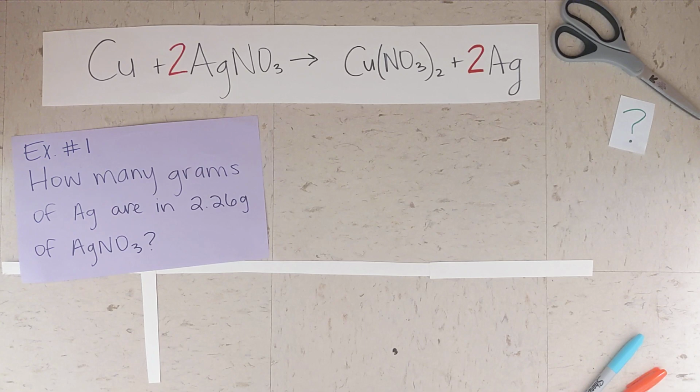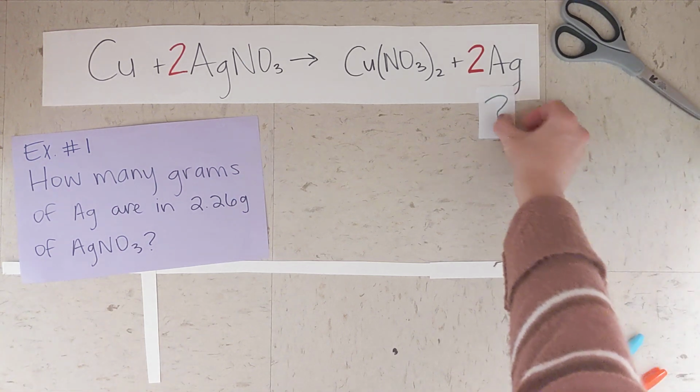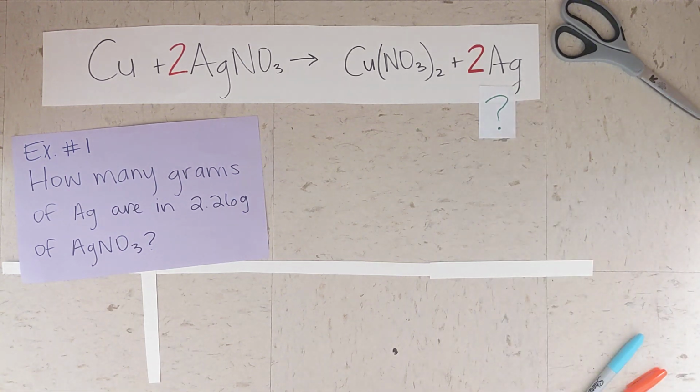It says how many grams of Ag. So we know we're going to be looking for Ag. So I'm just going to put a question mark underneath Ag. And then it says are in 2.26 grams of AgNO3. So I know that I start with 2.26 grams of AgNO3.